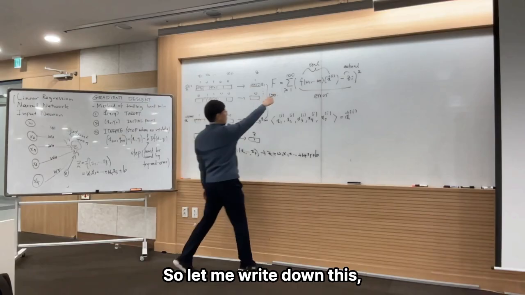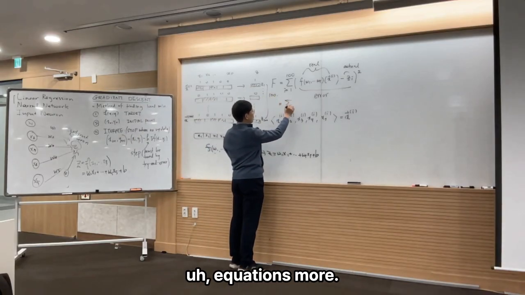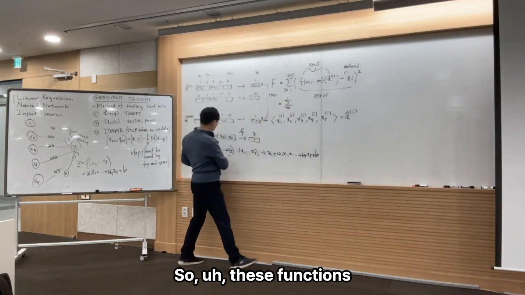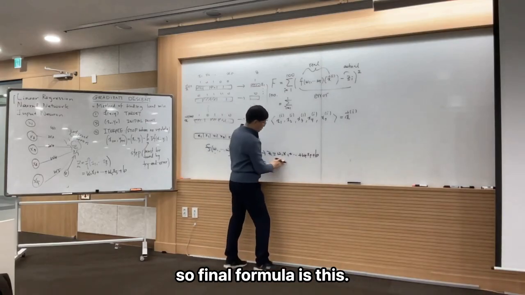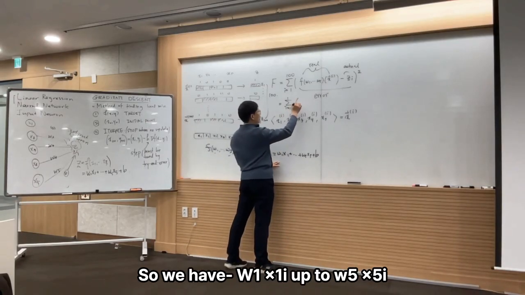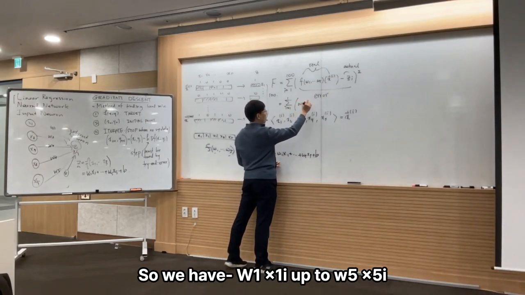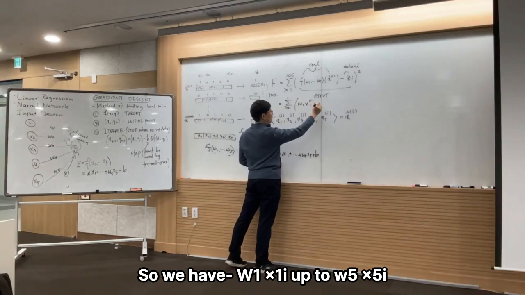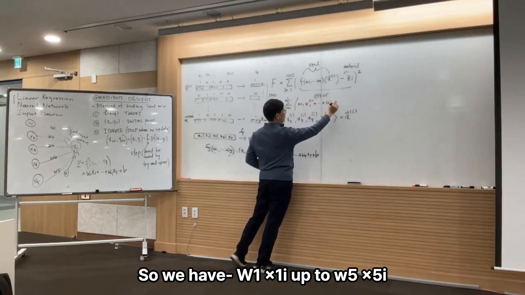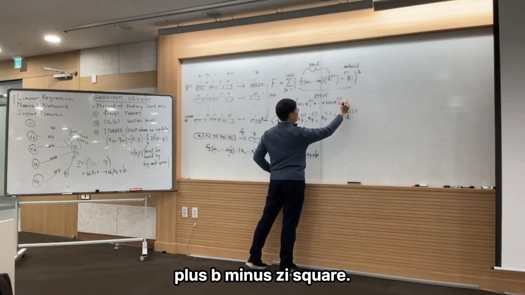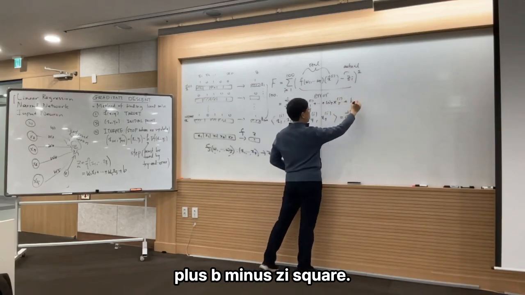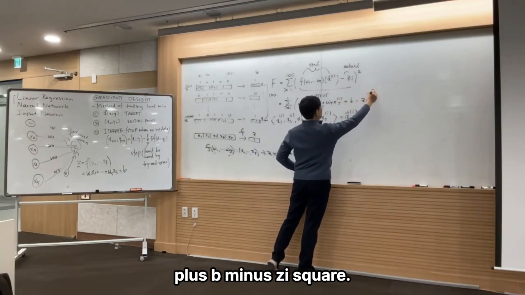So let me write down this equation more. So this function is now mapping this one to here. So final formula is this. So we have W1 x1i up to W5 x5i plus b minus zi squared.